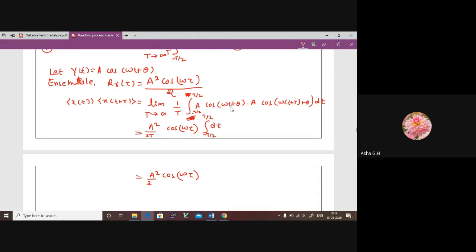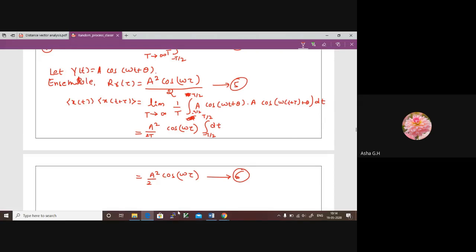Taking theta as constant, we integrate with respect to t, and the limits are minus T by 2 to T by 2. We get A squared upon 2T into cos omega tau, integrated from minus T by 2 to T by 2 dt. I hope you can simplify this. Now, call this equation number 5 and this equation number 6.